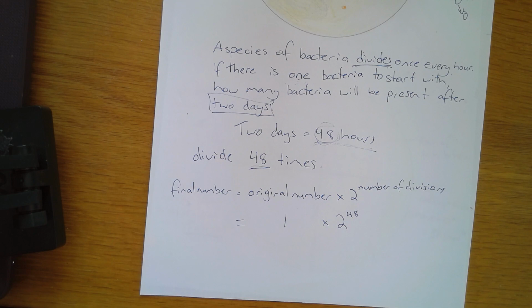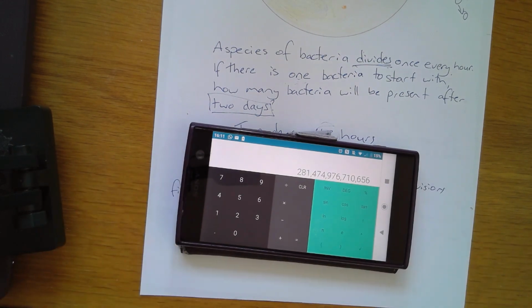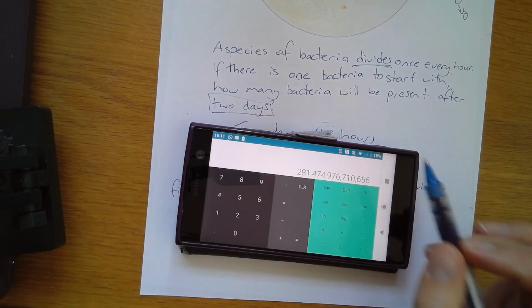Okay, I'm just getting my calculator. 1 times 2 to the power of 48. Oh, I am not going to write down this number. I'm just going to show it to you on my calculator screen.